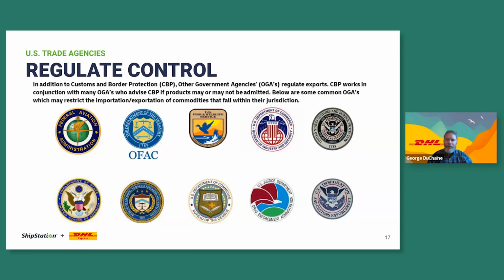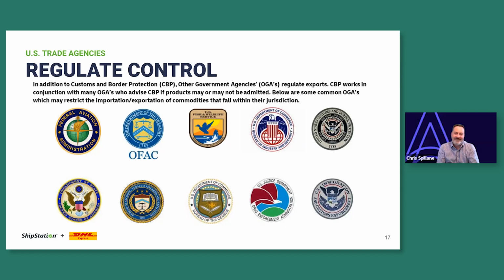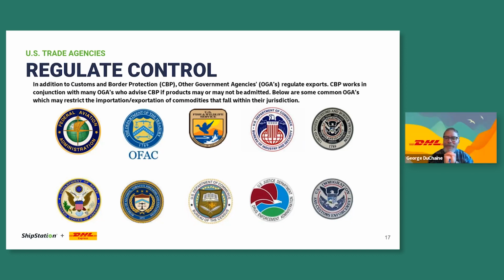The Department of Transportation, Immigration and Customs Enforcement. I have to put my glasses on to see that last one here. The Treasury. Sorry, these are the folks that we do our export declarations to. They gather the statistical information to make sure that there's good information for calculating our trade balance or imbalance.